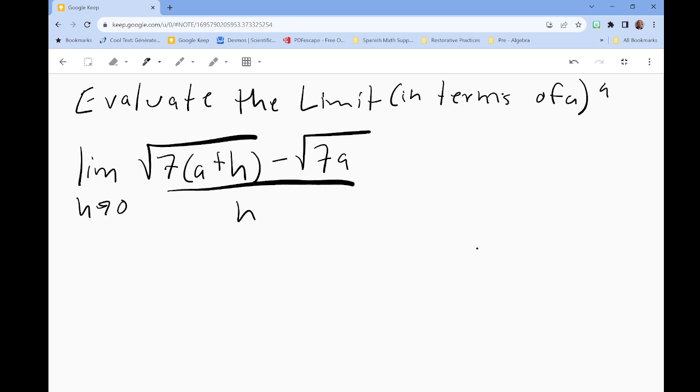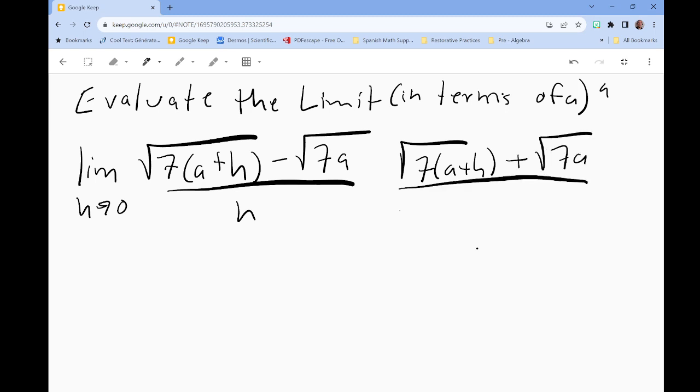What we're going to do is multiply top and bottom by the conjugate of the square root of 7 times (a plus h) minus square root of 7a, which is the square root of 7 times (a plus h) plus square root of 7a. And whatever I do to the top, I have to do to the bottom as well. So the bottom I'm going to multiply by square root of 7 times (a plus h) plus square root of 7a.